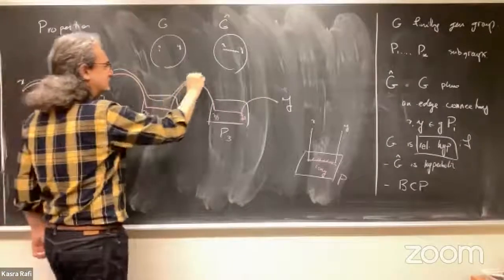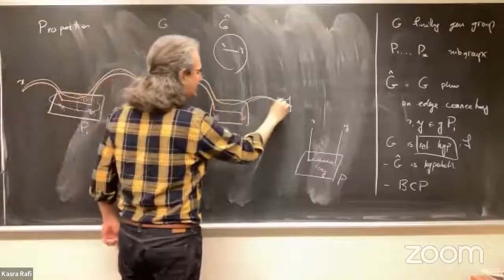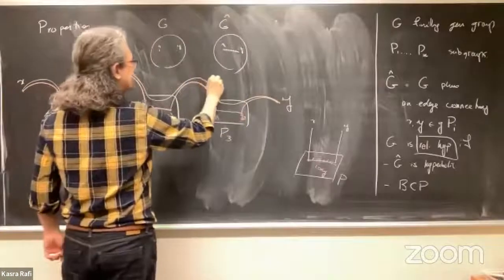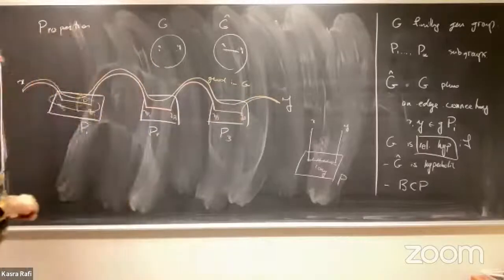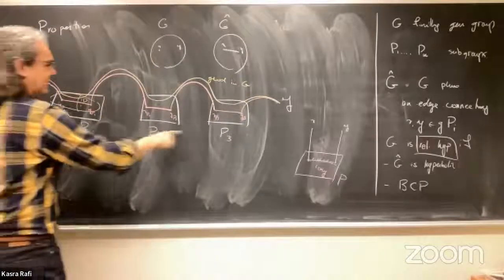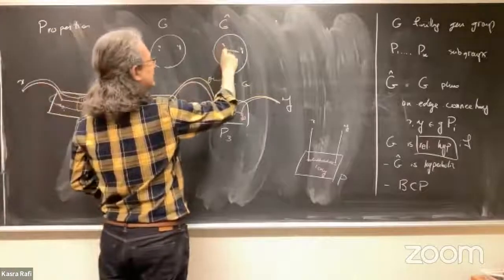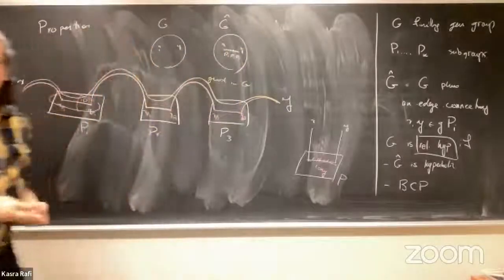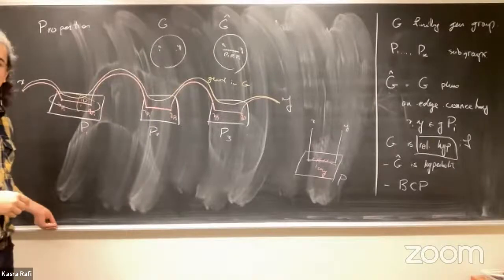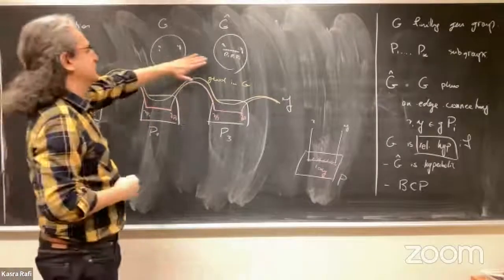So the real geodesic doesn't do something that is so far away. So this is a geodesic in G, and these P_i are basically the geodesic in G hat. So there is a close relation between the geodesic here and here.